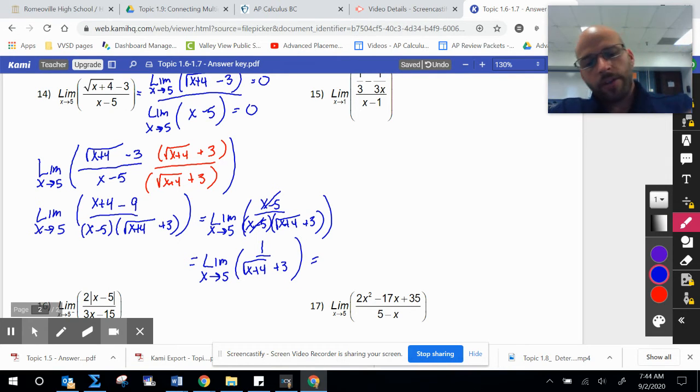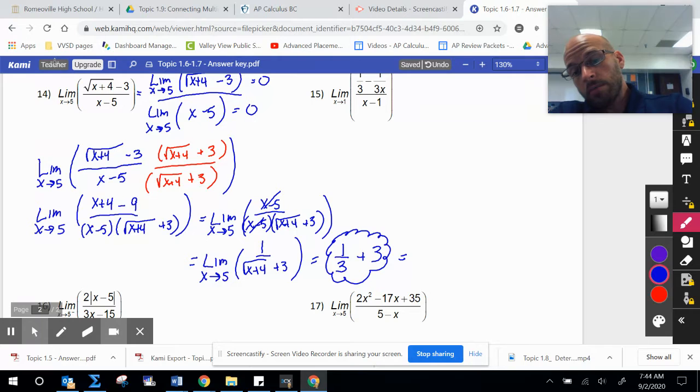If you evaluate at 5, I get 1 over the square root of 9, which is 3, plus 3. You can leave your answer like that, believe it or not, in calculus, or if you want to combine like terms, 3 would be 9 over 3, so that would be 10 over 3. I would take that as well.